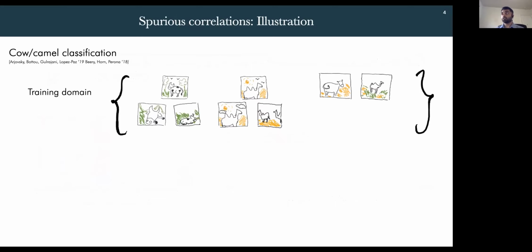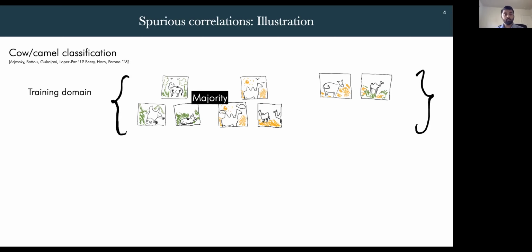So in this task, you imagine that you want to classify cows from camels. So imagine that you've drawn your training data from a particular country where the distributions of cows and camels look something like this. In particular, the majority of your data points are cows that occur in grasslands and camels that occur in a desert.